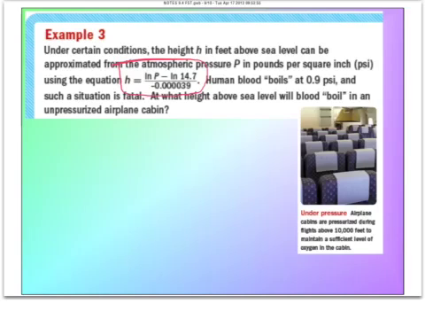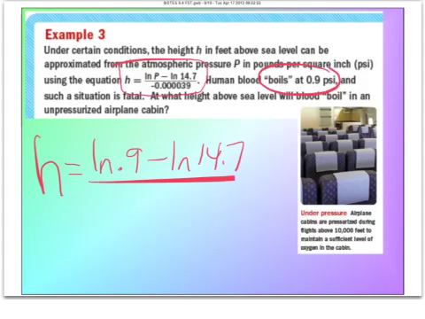Okay, they're telling you that it boils at 0.9 psi. And we know that the P in this equation is psi. So just plug it in. At what height are you? Well, the height is the natural log of 0.9 minus the natural log of 14.7, and you divide it by this. So don't overcomplicate this, just do order of operations.